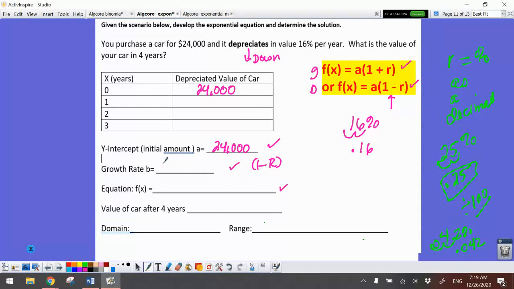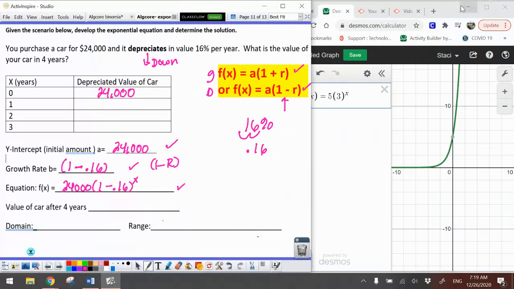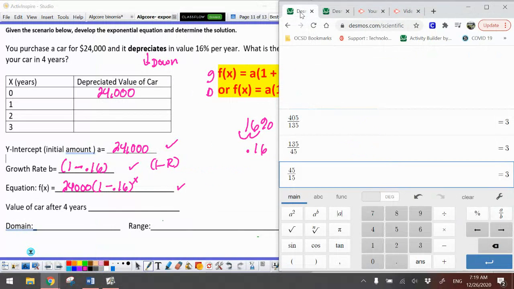So my growth rate is going to be 1 minus 0.16 because I am subtracting. So my function becomes 24,000 times 1 minus 0.16, and I still have my power of x there. Okay, so now we're going to look at this a couple different ways. I'm going to start with looking at my Desmos scientific calculator.